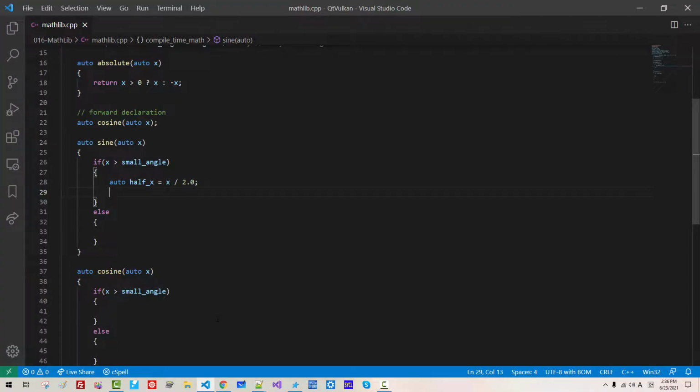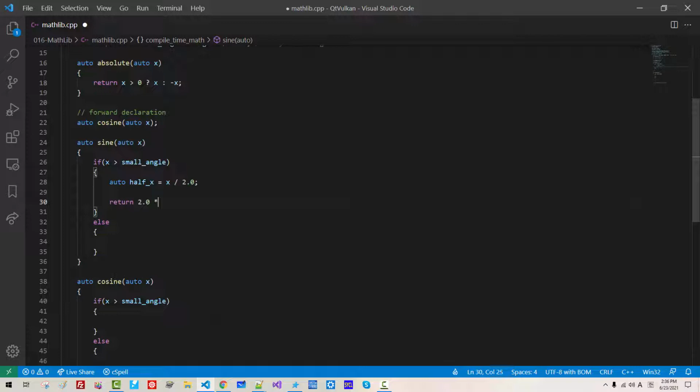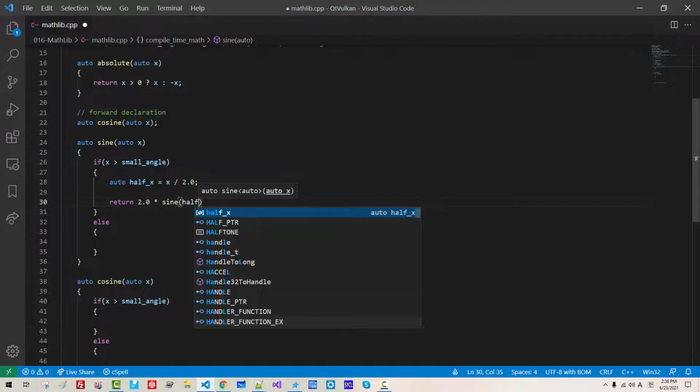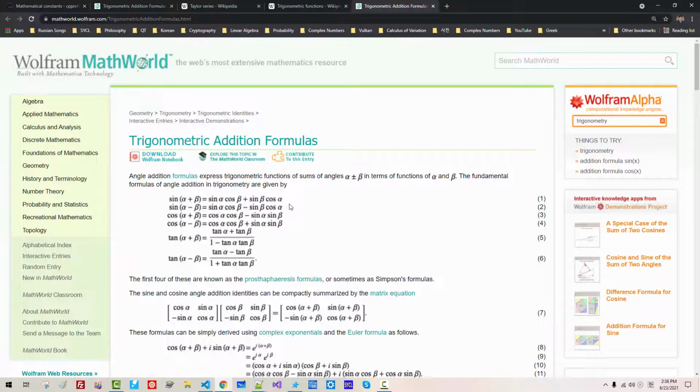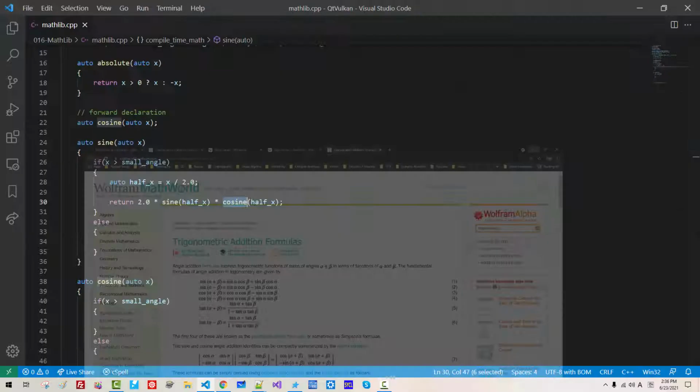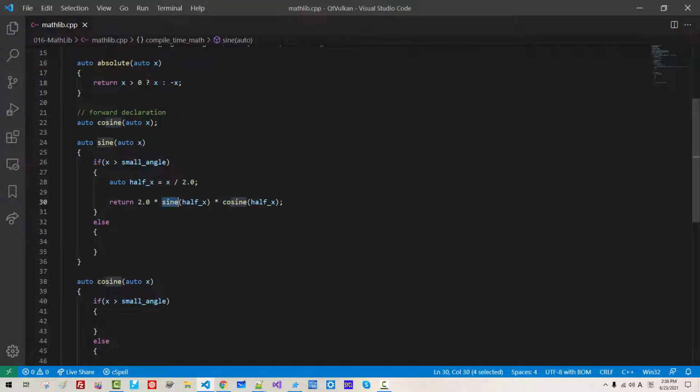So we can say return 2 times sine half x times cosine half x. Please understand that this is recursion. We are using this formula, sine angle addition. Also, we use recursion.